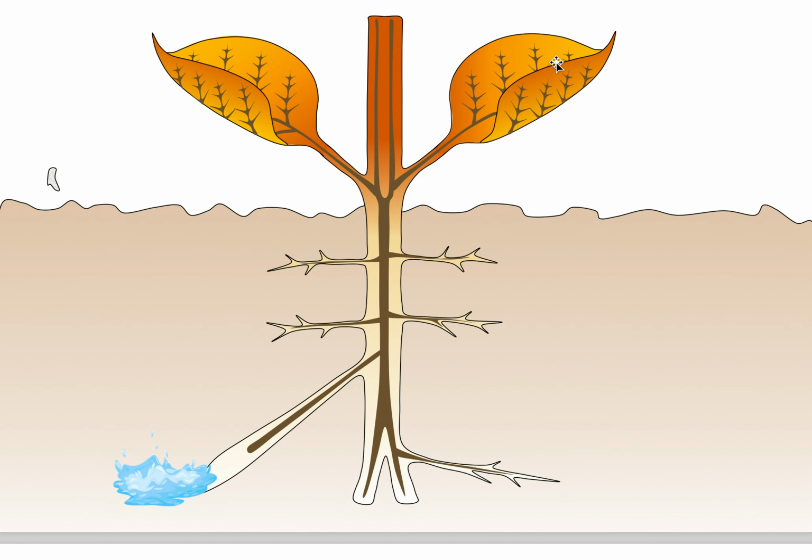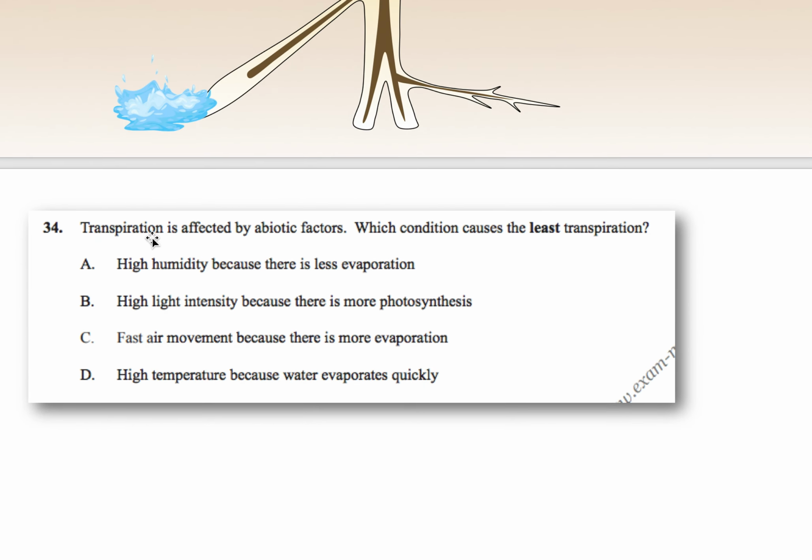So they're asking you now that transpiration, the sweating process of plants, is affected by abiotic factors. Abiotic just means factors not related to the plant itself, so external, non-living factors, such as sunlight, wind, humidity, things like this.